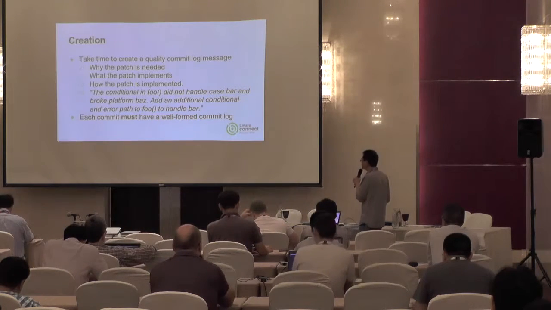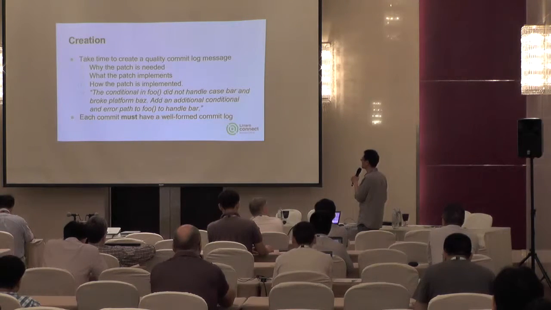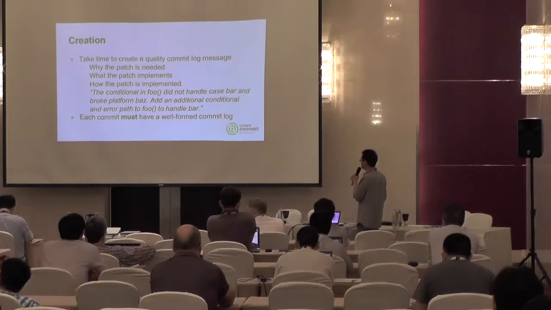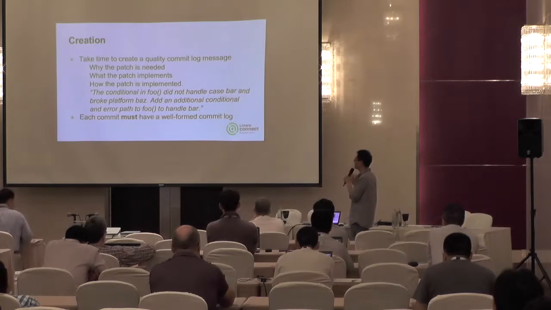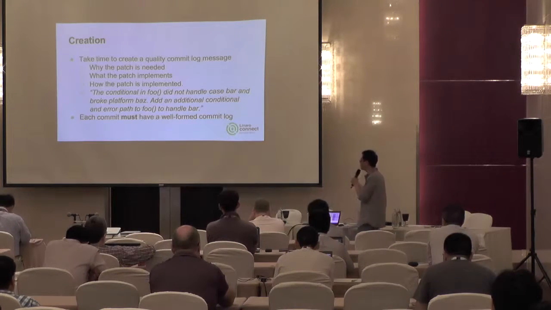Below is a pattern you can use: the condition in foo didn't handle case bar and broke platform BAZ. Add an additional conditional and error path to fully handle bar. So you should explain the reason for your patch, what your patch implemented, and how it does it.